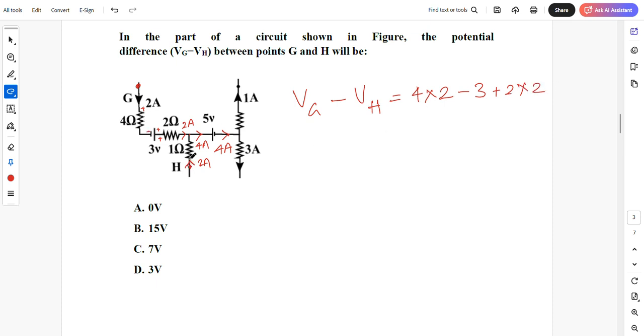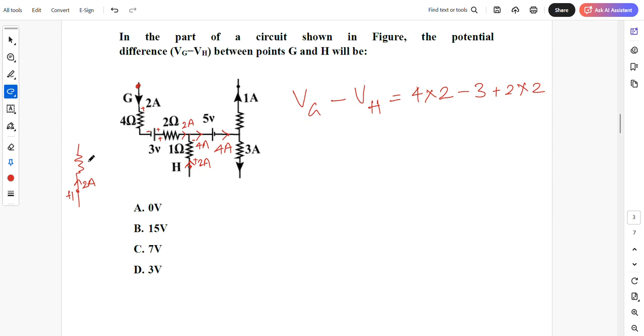Now where is H? H is here, H is downwards. Here 2 amperes of current flows like this, and here it is plus because current is entering into this resistor. Here it becomes minus, because from H, this is point H, right? 2 amperes of current is coming like this.